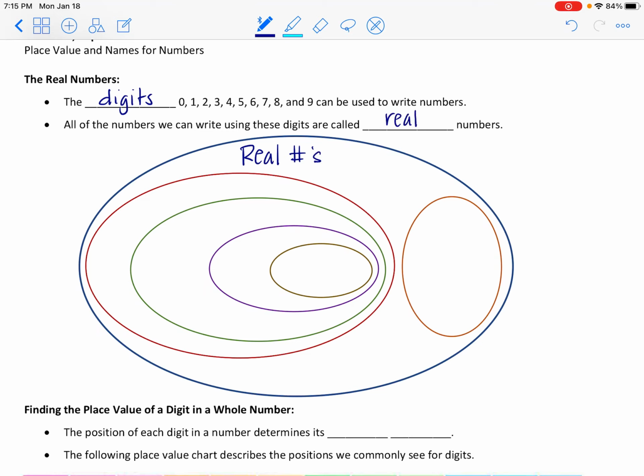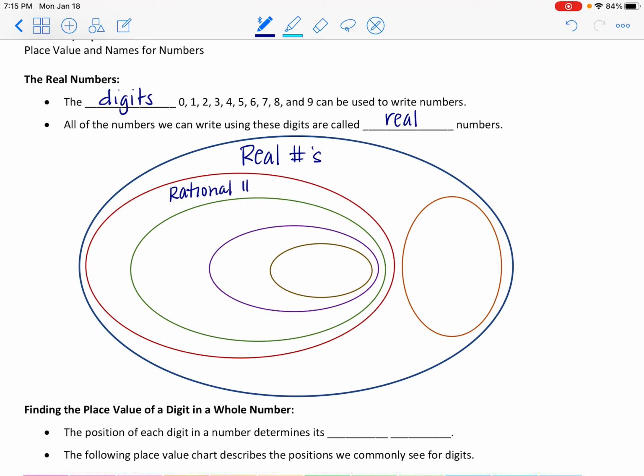And then they break into a couple of subgroups. So some of the real numbers we can write as fractions, and some of them can't. The ones that we can't, we would see as these weird, non-repeating, non-terminating decimals. Well, the ones that we can write as fractions, we call those rational numbers.